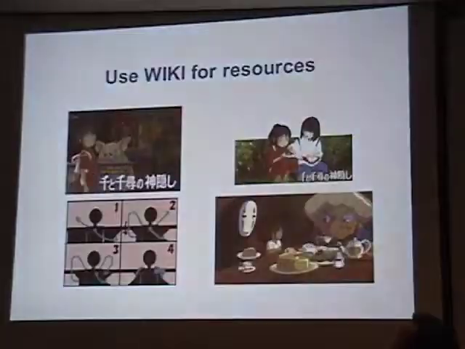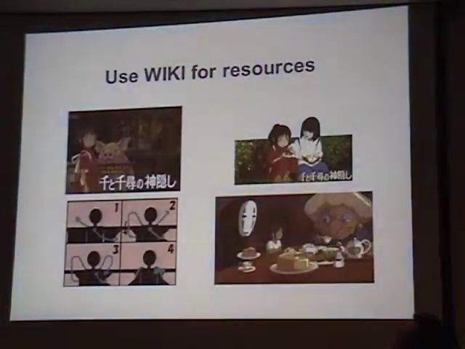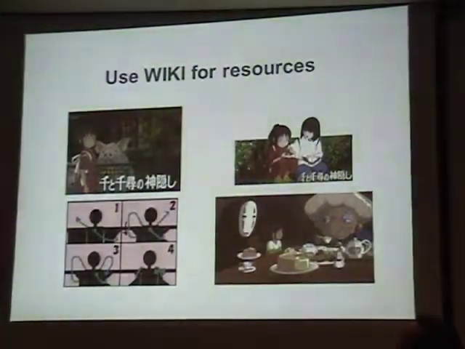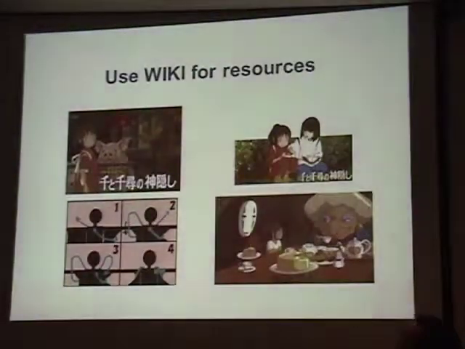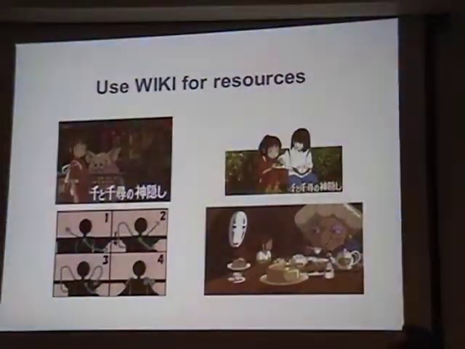Then I use Wikipedia for resources, telling what onigiri is, or what something is. I just showed so many images. It's not very hard because you can find those on the internet nowadays.